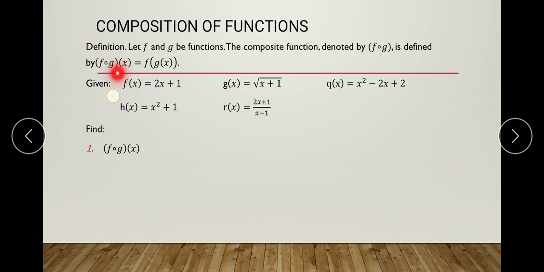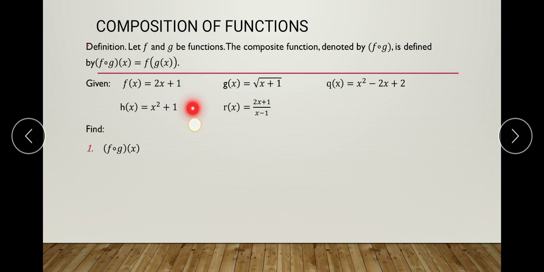Now, based on this equation, f composite of g of x is equal to f of g of x. This time, our argument, or the expression inside the parentheses of our f, is now g of x, which is already a function. So our argument here is a function itself.